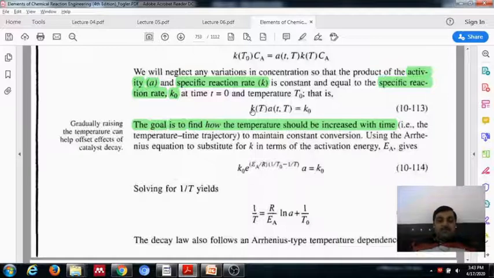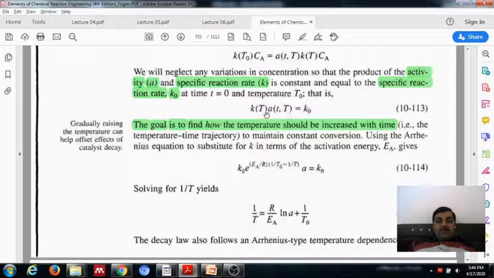K in terms of T0 and T, you can write, we know from Arrhenius law, K0 exponential of E by R 1 by T0 minus 1 by T. This is equal to K. If you remember it well, that becomes K1 by K2, that equals to K2 into exponential E by R 1 by T2 minus 1 by T1.